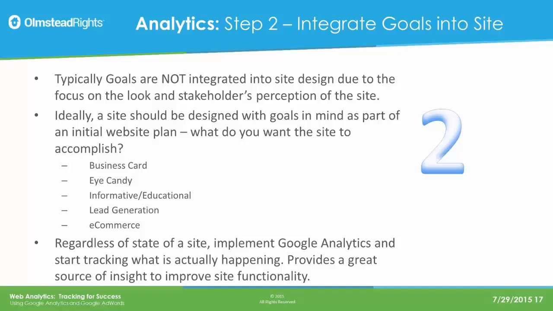So the key on the integration of the site is, in most cases the goals aren't integrated into the design. So you've got to go back and look at this. And one of the things we step back on is making sure you know what your site's trying to accomplish. I've just listed some examples of what people use sites for. If it's a business card site and all you're trying to do is look like you're real, then that's just going to show up there.